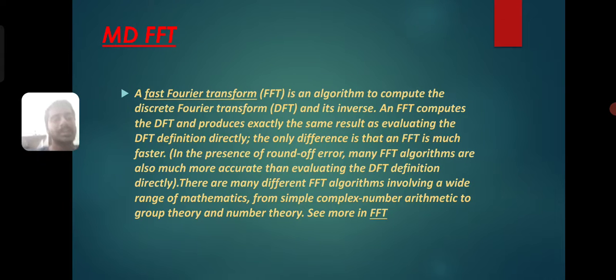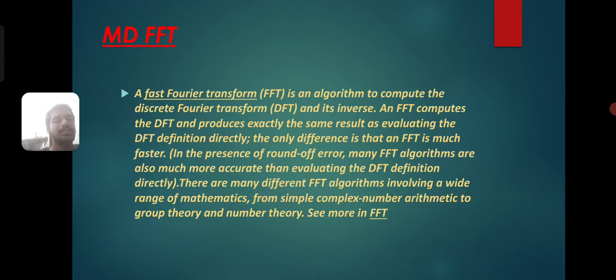Multidimensional fast Fourier transformation. A fast Fourier transformation is an algorithm to compute the discrete Fourier transform, DFT, and its inverse. An FFT computes the DFT and produces exactly the same result as evaluating the DFT definition directly.